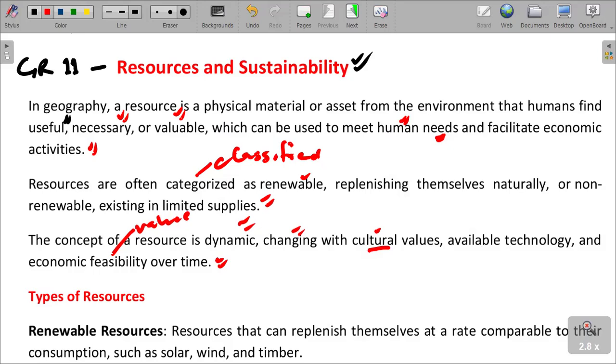The movement of time and the expectations of people always change the value people attach to a resource. So the concept of a resource is ever changing because of cultural values, changes in technology, and the economic value of something, which can also change with time.